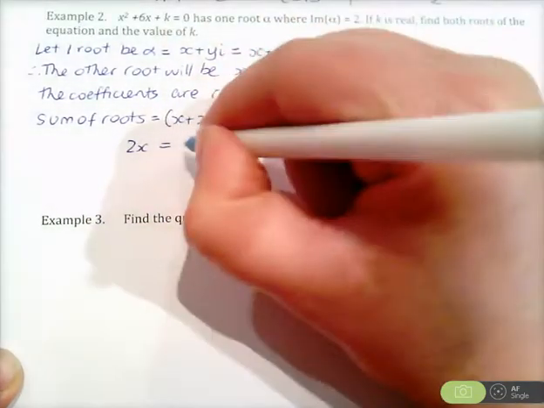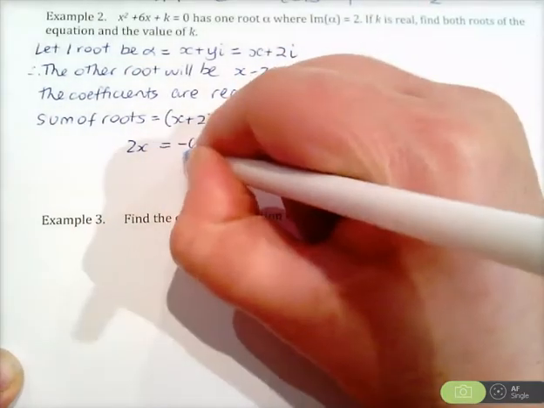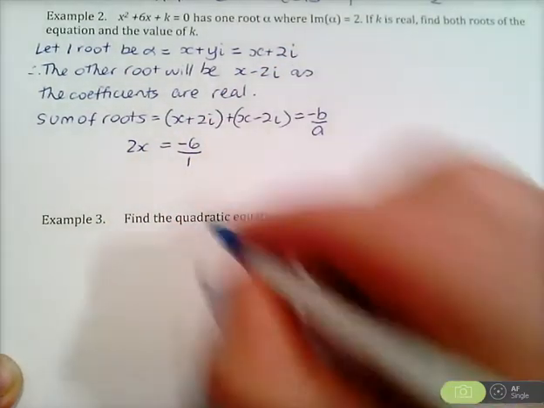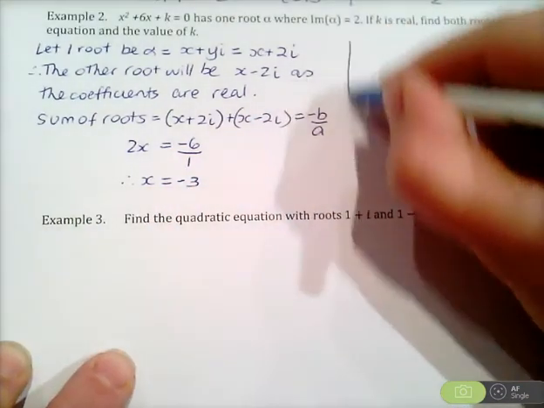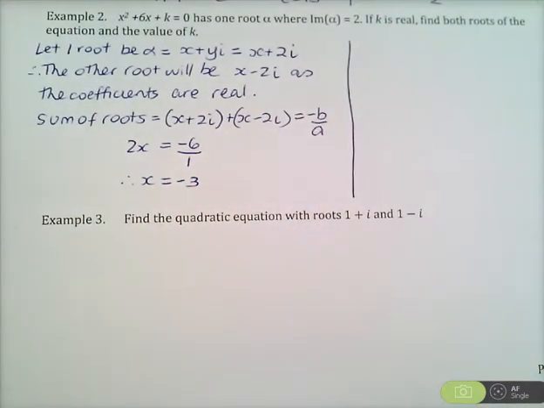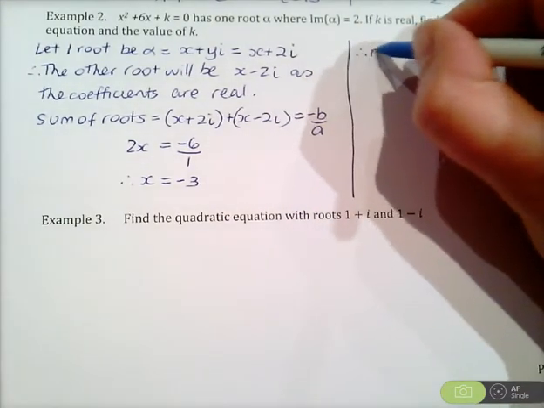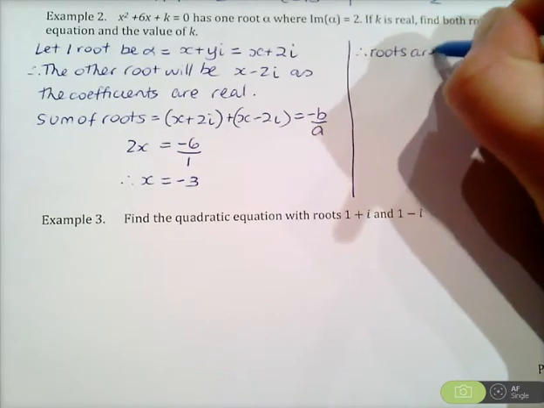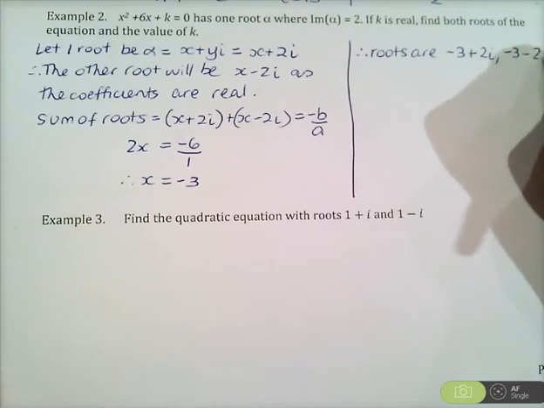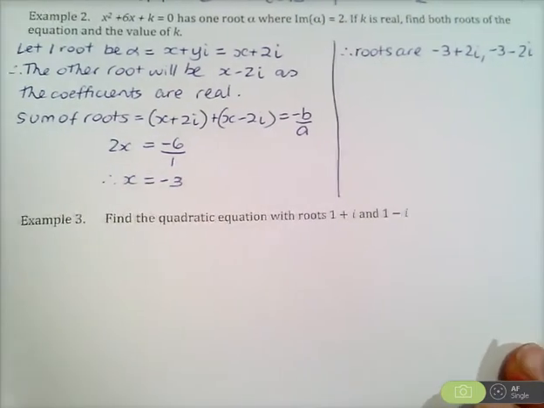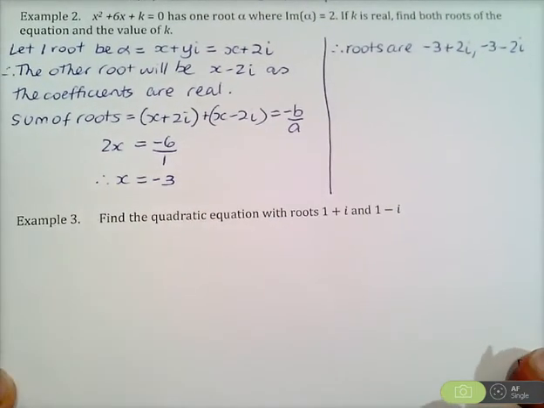Now b is 6, so it's negative 6 over a, which is 1. So 2x is negative 6, and therefore x is negative 3. Now our roots are negative 3 plus 2i, negative 3 minus 2i. That will help me continue with my question.